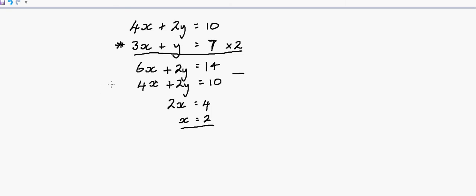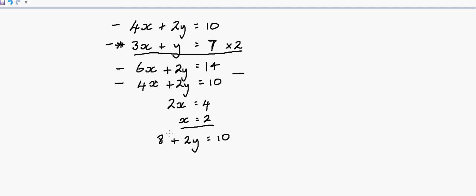Now I can go into any one of these equations. I'll just go with the top one because they're all positive. So if x is 2, 4x is 4 lots of 2, which is 8. Then I write the rest of the equation, plus 2y equals 10.